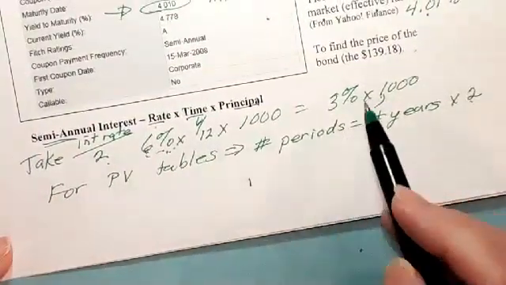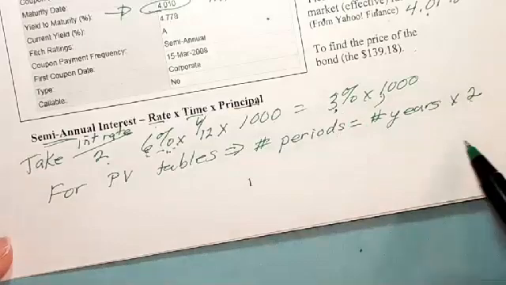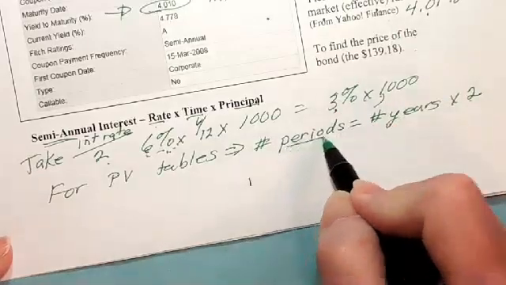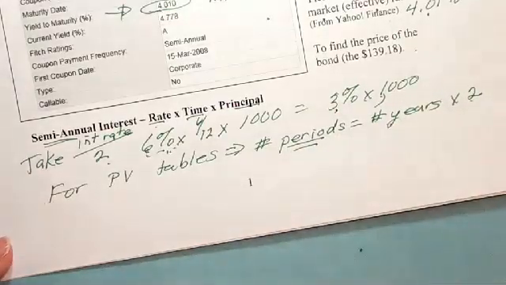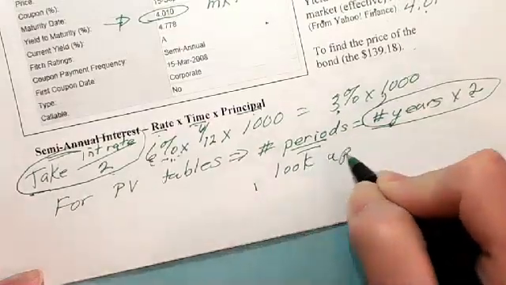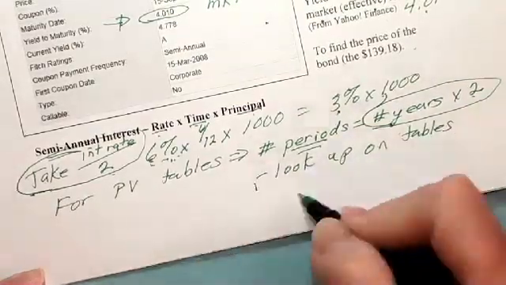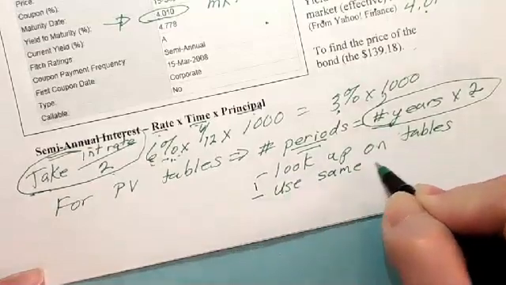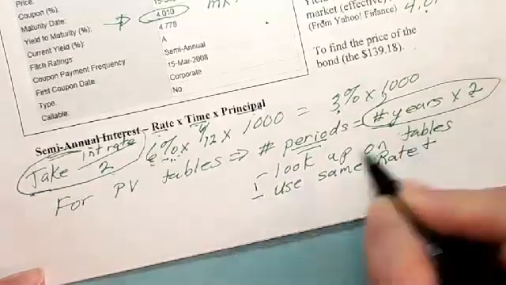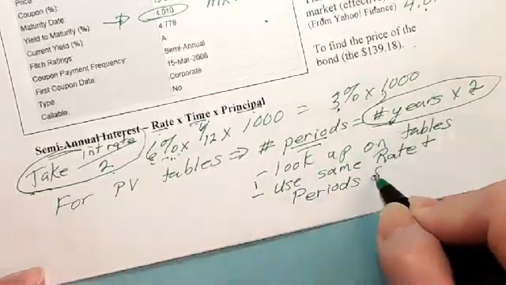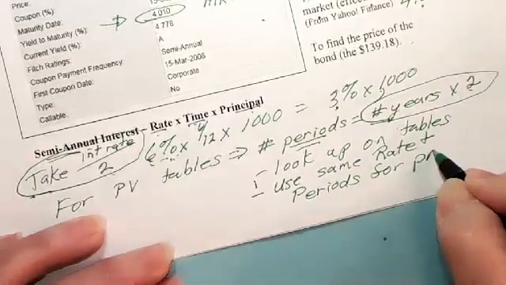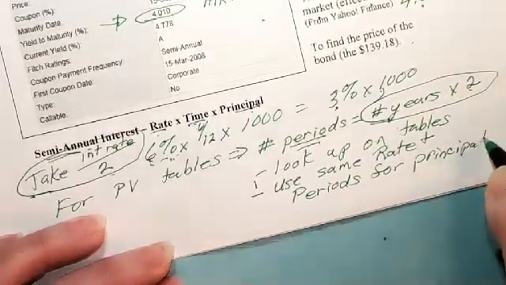Because I'm going to get 3% twice a year. That's why on those charts it always says periods, not years. And that's what you'll look up on your tables. Use the same rate and periods for both the principal and interest calculations.